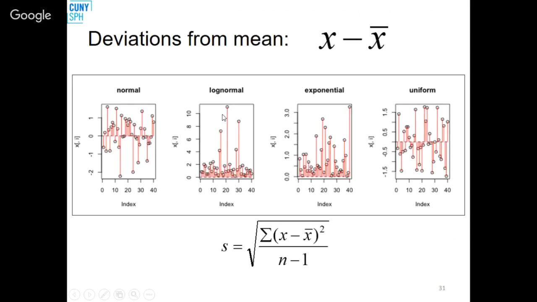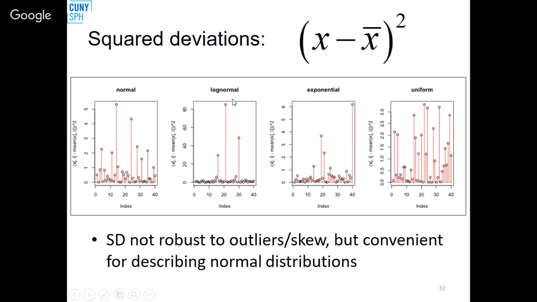And you can see that some of these outlier values in the log normal are quite a bit away from the rest. But once you square them, that's even more extreme. Like in this log normal, this furthest outlier point just dwarfs most of the data.